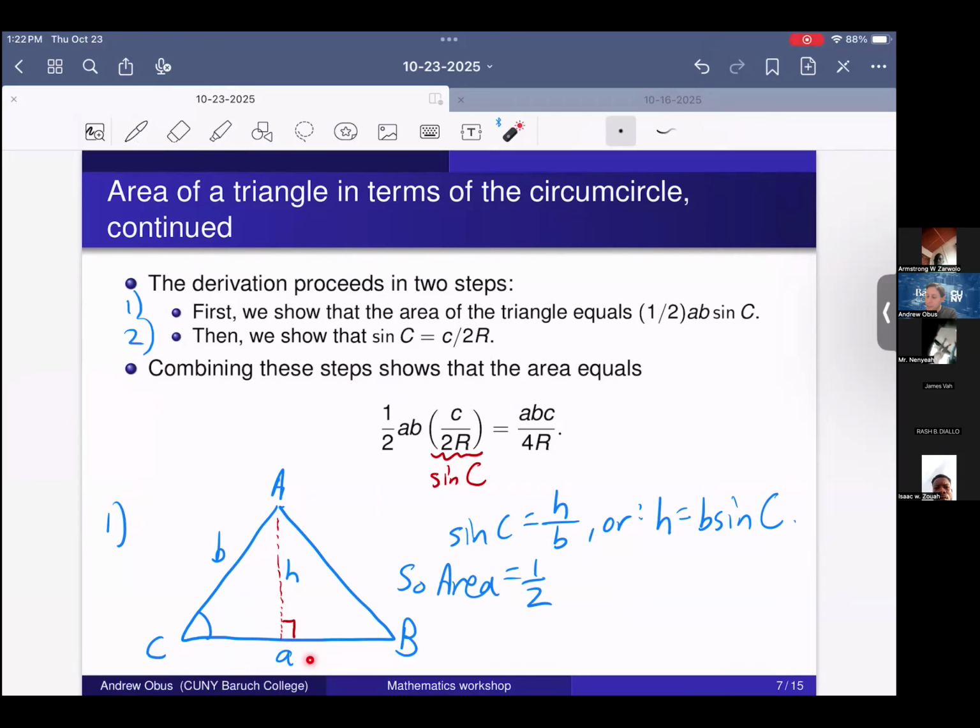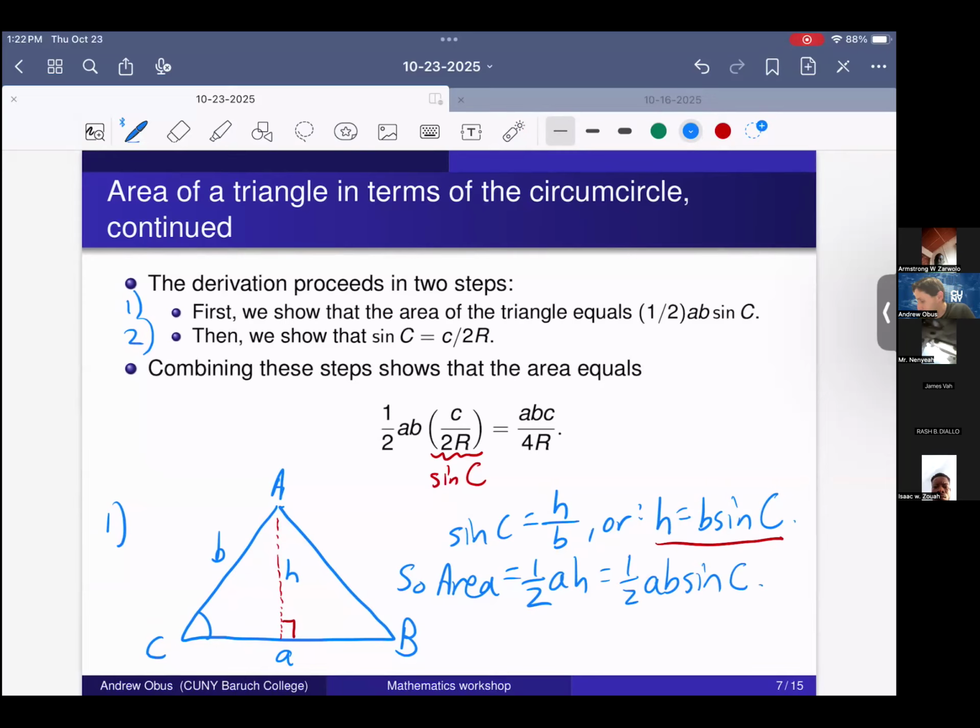It's a little confusing because the base here is A instead of B, so maybe I should have drawn A and B in a separate place so that the base could be B, but I think we're all okay with the base being A and the height being H. So the area is 1/2 AH, and since H is B sine C, this is the same thing as 1/2 AB sine C. Yes, this is a standard trigonometric formula for the area of a triangle.